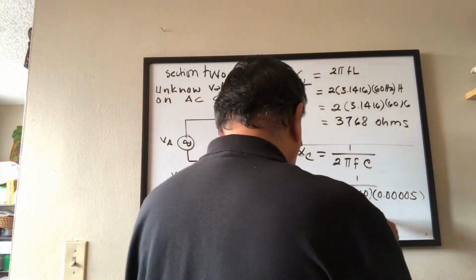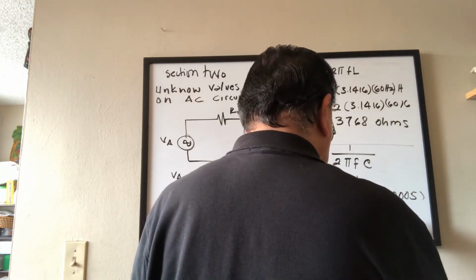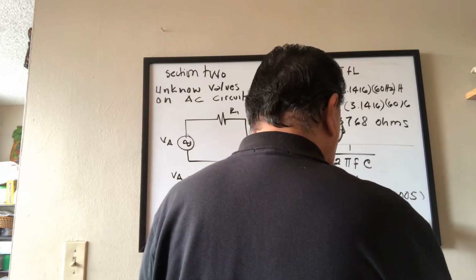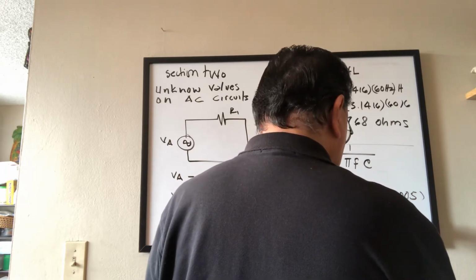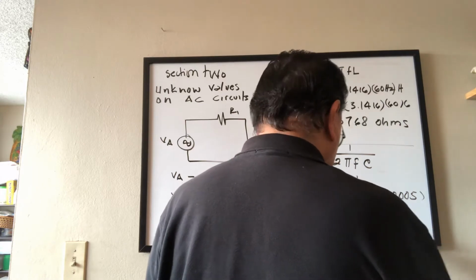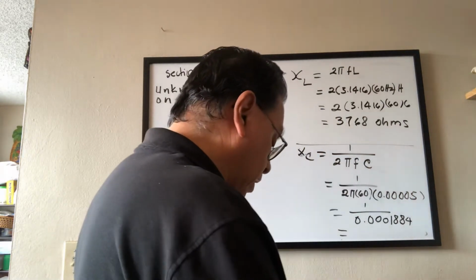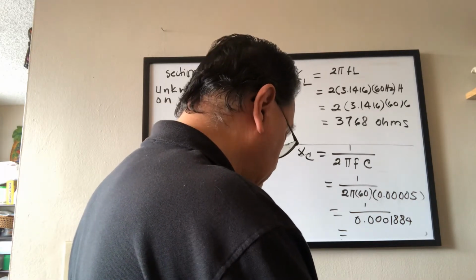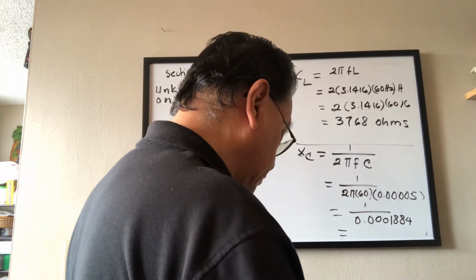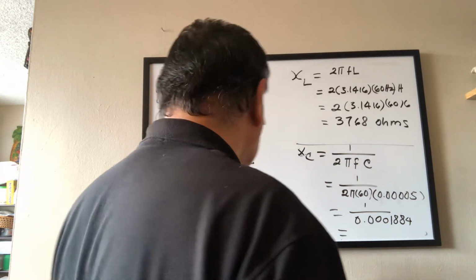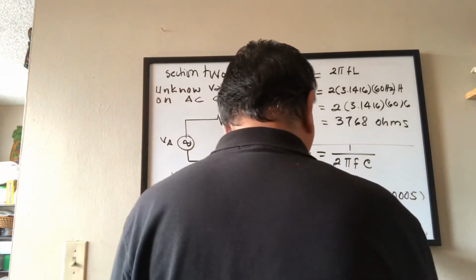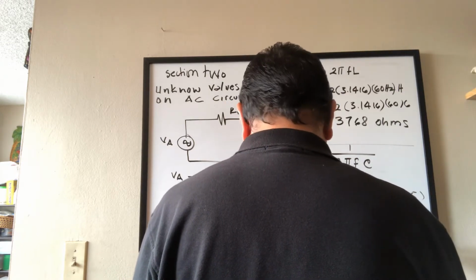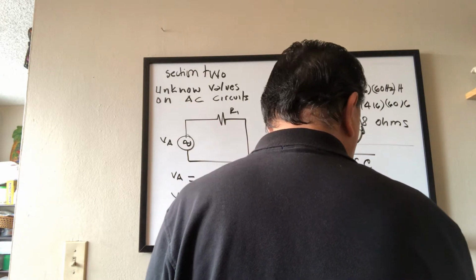This is equal to 1 divided by 0.00018, which is equal to 5,307.8 ohms.